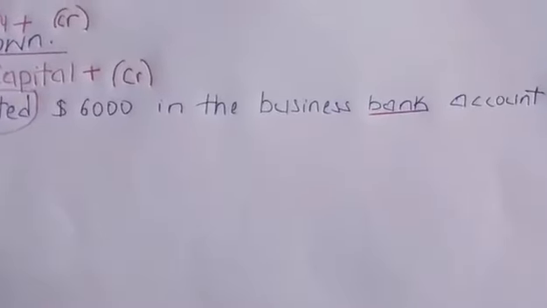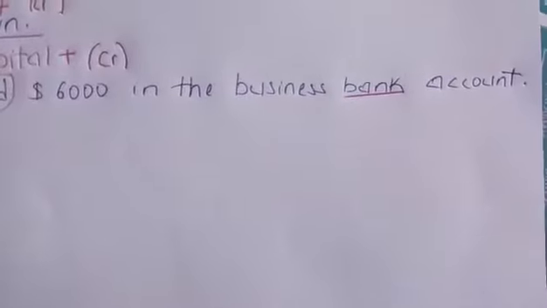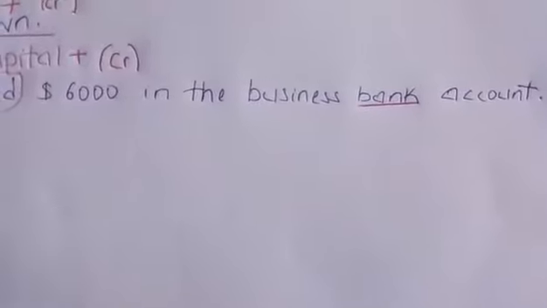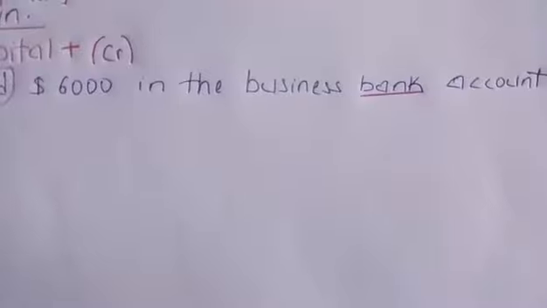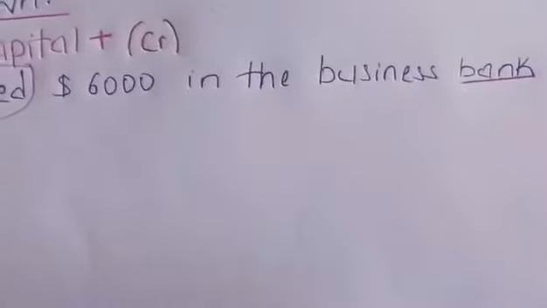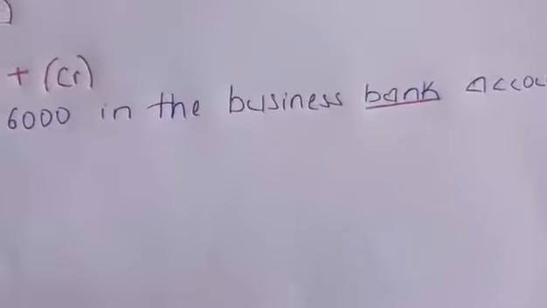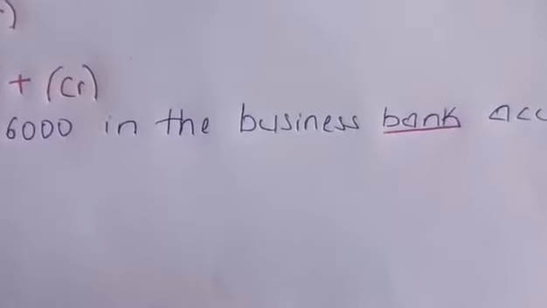So what is happening to the bank now, students or viewers? Bank would be increasing because the owner invested $6,000 in the business bank account. So that's $6,000 more in the business bank account.